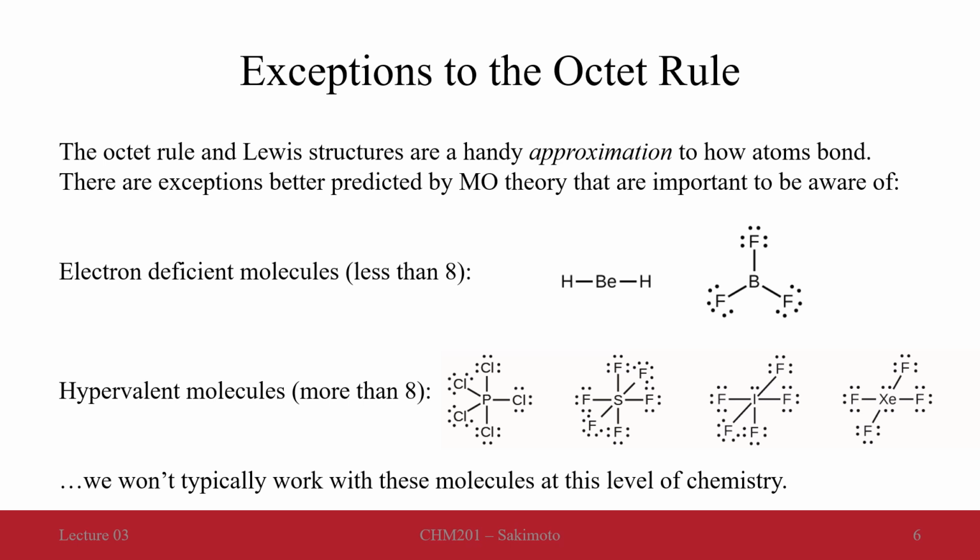And similarly, this octet rule has to somehow account for being able to predict the shape of these molecules. Why is HBeH a linear chain of these 3 atoms versus H2O, a bent angle chain of those 3 atoms? So we need to add things to this octet rule to help predict not just what's bonded to what, but what these molecules look like in 3 dimensions to better predict their behavior.